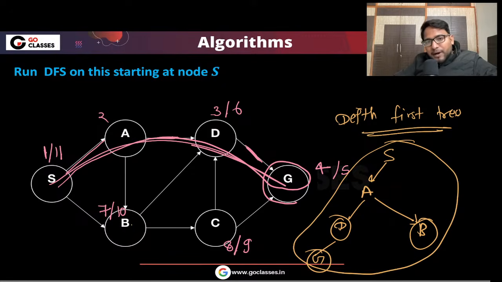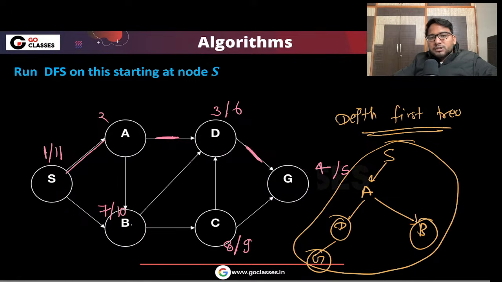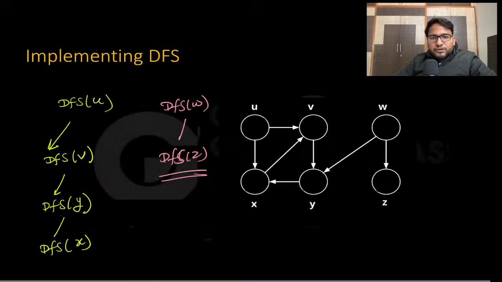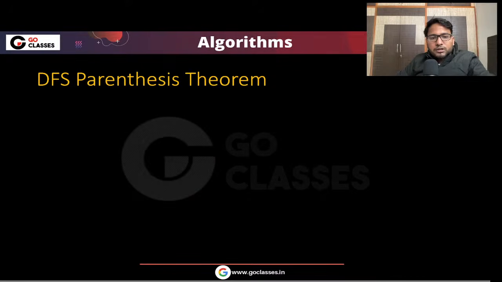I mean there's a path from S to G, isn't it true? This is true, right? Now suppose I'm calling this D. See, you can see using the times also which one I'm calling first and which one I'm calling later, right?